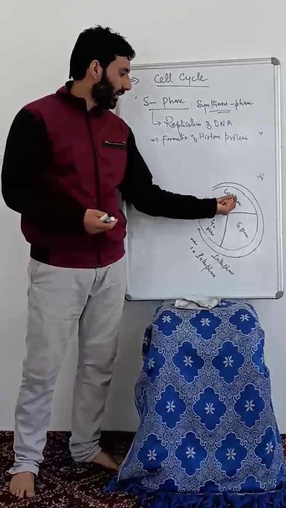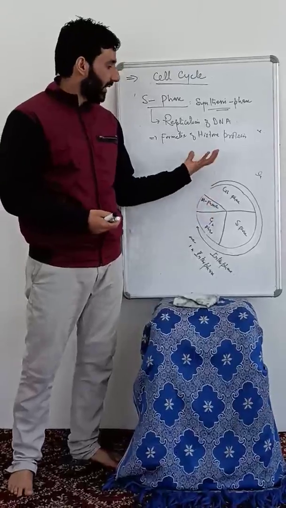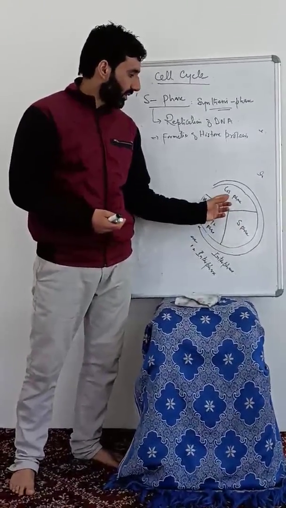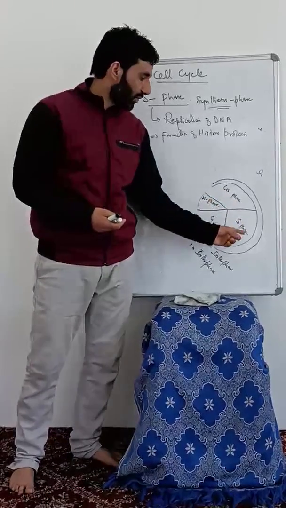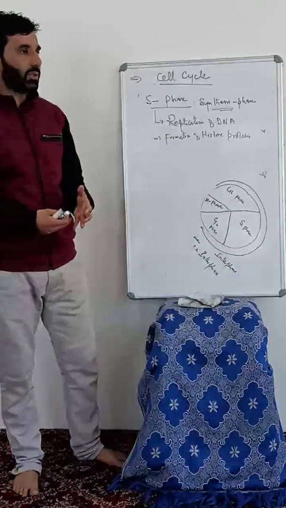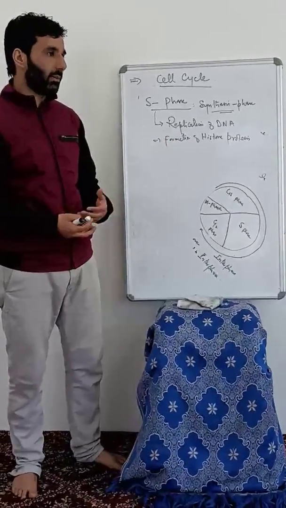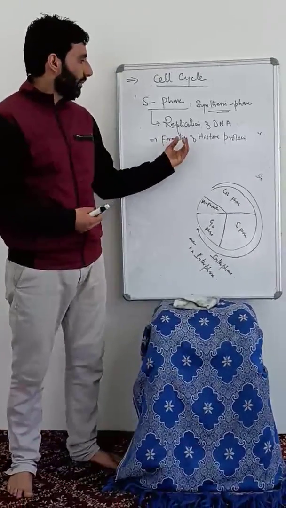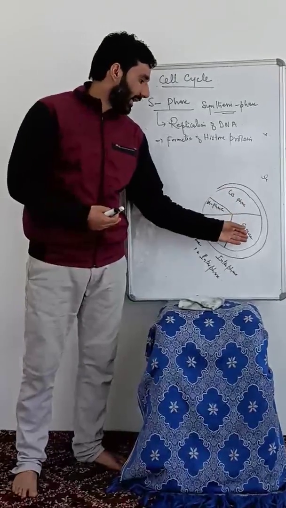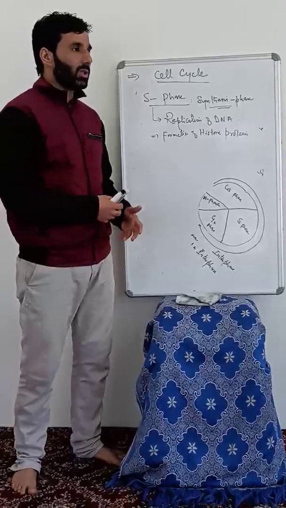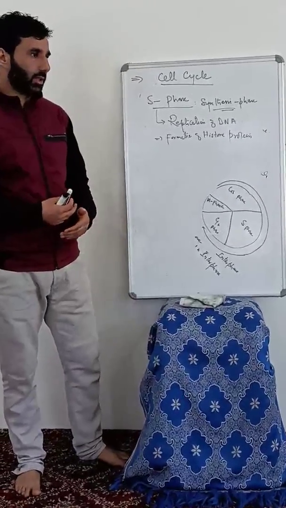It's the longest phase of the interphase, and here the cell grows in size, and then moves from G1 phase to S phase. In S phase, the most important thing which happens is the replication of DNA. The amount of DNA is doubled, and there is also the formation of histone proteins. After that, the cell will enter into G2 phase. This phase and the next phase we are going to discuss in the later videos.